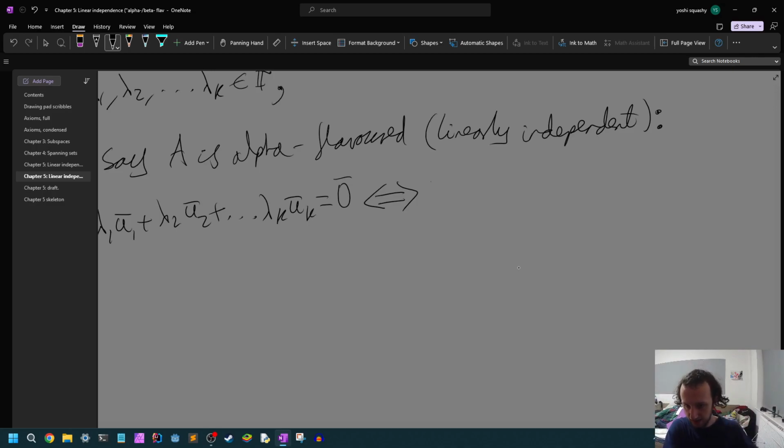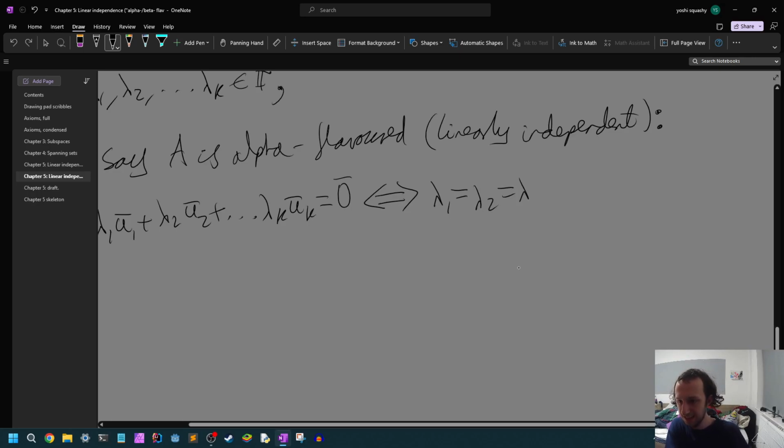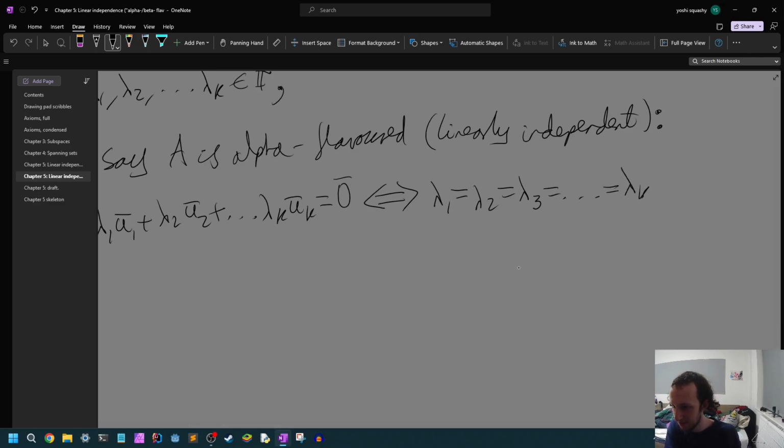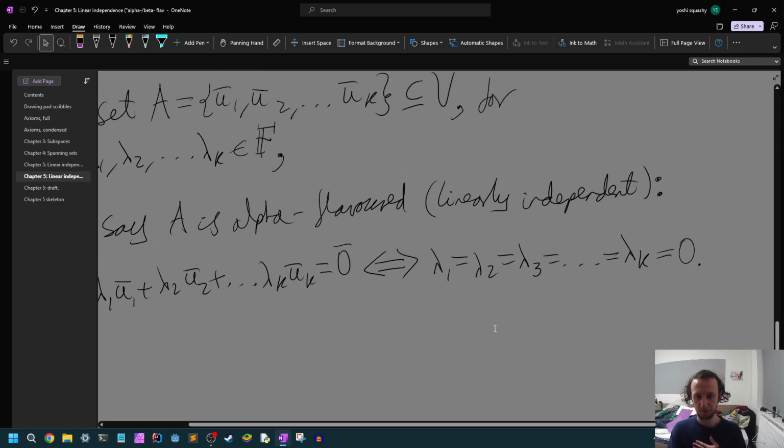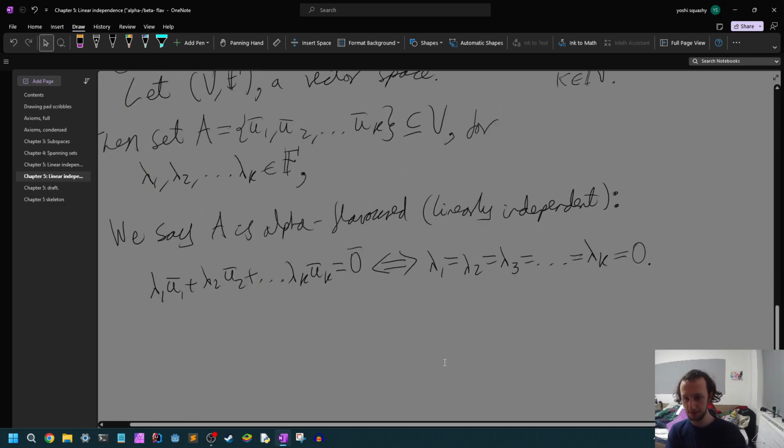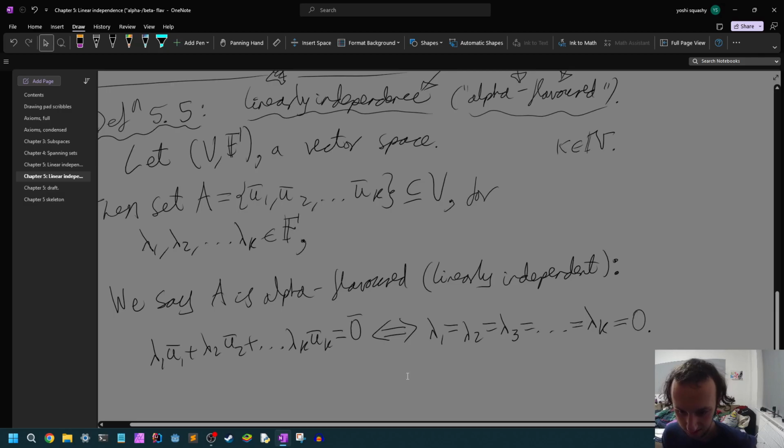This is the case only when lambda 1 equals lambda 2 equals lambda 3, why not? The point is we've got a bunch of lambdas, precisely k of them where k is some natural number, and we're saying all of these are equal to 0. And this is precisely what we mean by being alpha flavored or linearly independent.